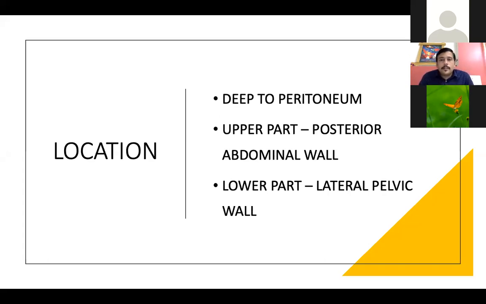Their location, once again: they are located deep to the peritoneum. They are retroperitoneal, and the upper part of the ureters is located in the posterior abdominal wall, and the lower part is in the lateral pelvic wall. So the ureters share location in the abdominal cavity as well as in the pelvic cavity.